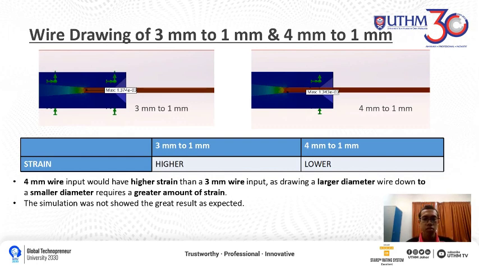But this simulation maybe is not a good result, because the 4mm wire should have a much higher strain than the 3mm wire, because drawing from the larger diameter to the smaller diameter requires a greater amount of strength.